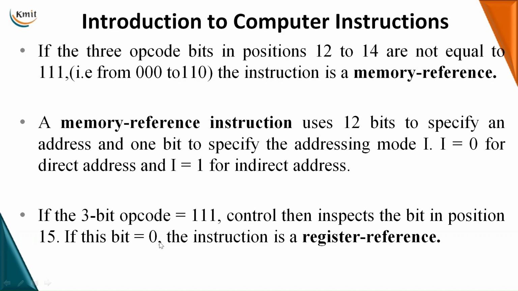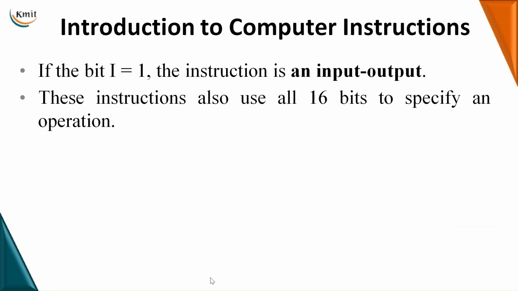If it is 0, then the instruction is a register reference instruction. If the I bit is 1 and the opcode is 111, the instruction is an input output instruction. All these instructions use a 16-bit format to specify an operation.